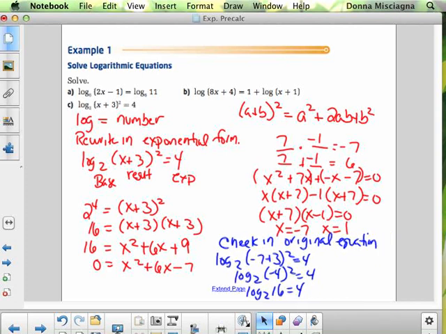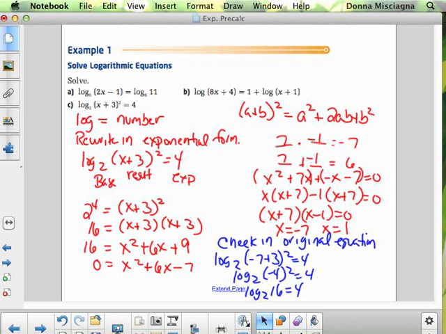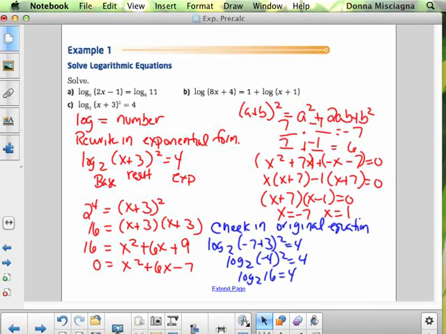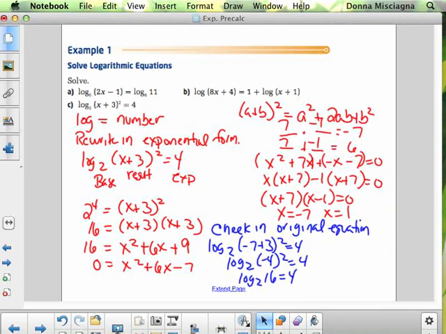Let me see if I can squeeze in that last little space there. All right, so let's check the other solution. We have a 1. Log base 2 of (1 plus 3) squared equals 4.